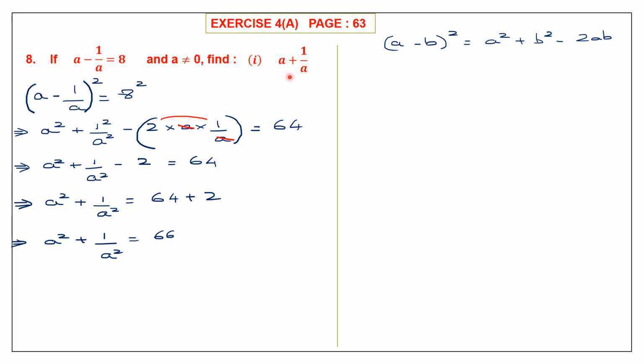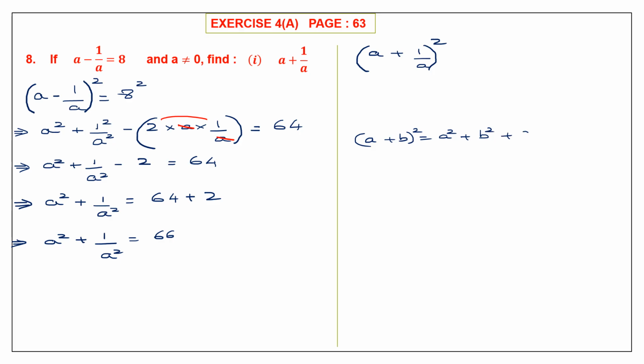Now let's take this, what we are asked to find, a plus 1 by a. So a plus 1 by a is what we are asked to find. Now let's square this. So when we square this, what do we get? Again, we can apply the identity a plus b the whole square, and that is a square plus b square plus 2ab.